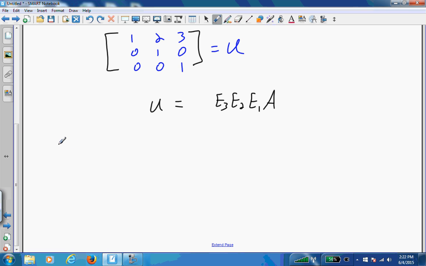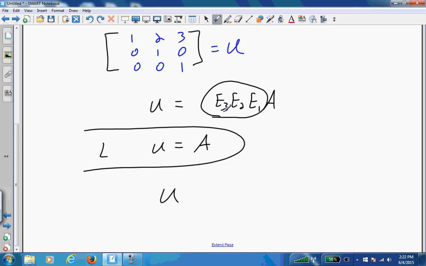So if we want L, when we move these over, these will be our L. So to get rid of this, we'll do E3 inverse. Then that'll be gone. To get rid of this, E2 inverse.